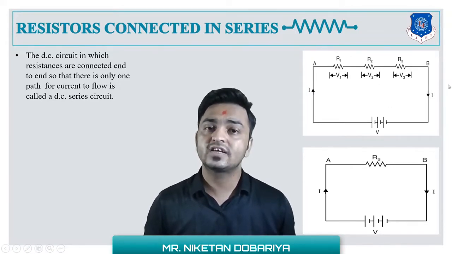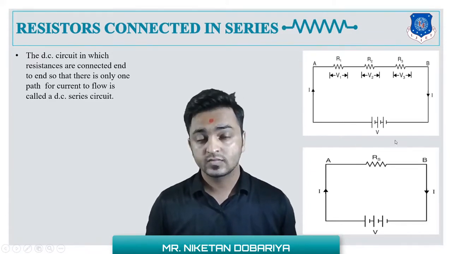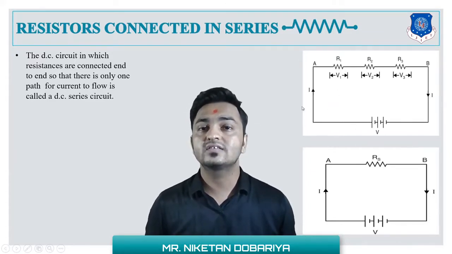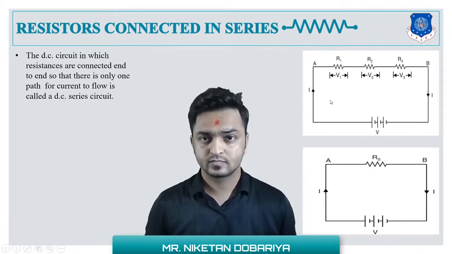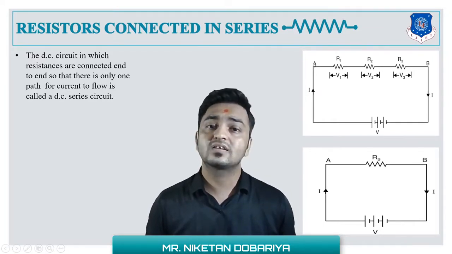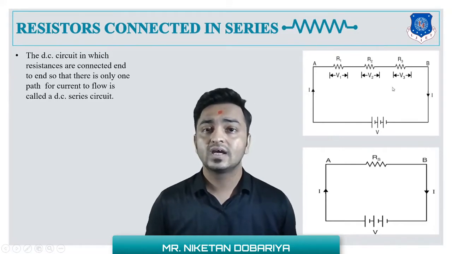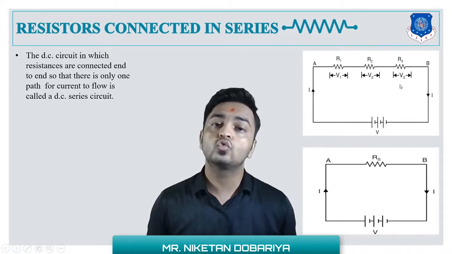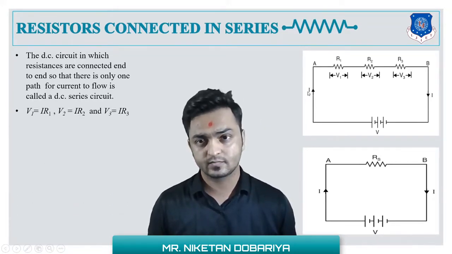This series connection of R1, R2, R3 is connected across a DC supply of V volt, and because of that we are getting the current in the circuit, that is capital I, which is mentioned here. Now, as these resistors are connected in series, voltage will be divided across these resistors, and let's consider that the voltage across R1, R2, R3 are respectively V1, V2 and V3.